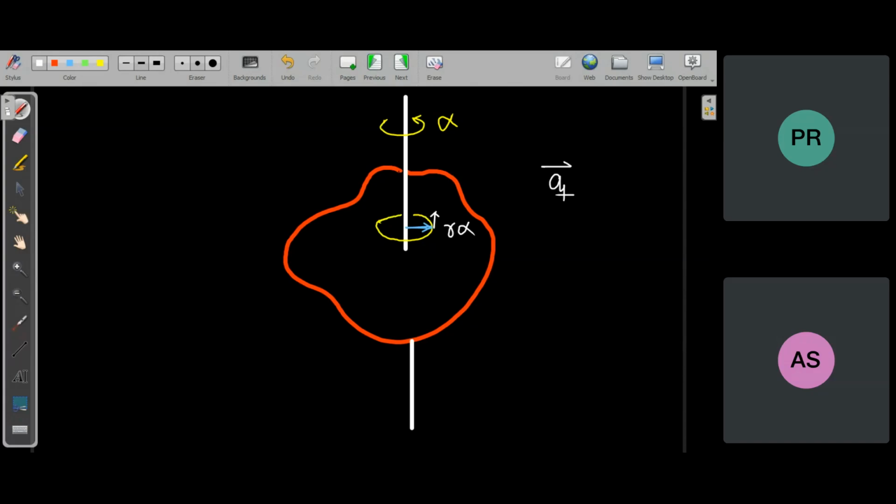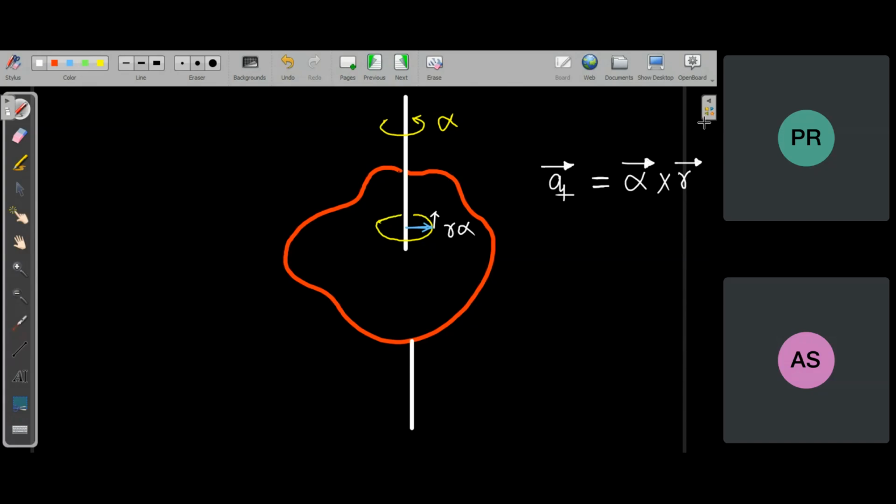Sir, this tangential acceleration is due to change in direction of velocity? You already know that in circular motion we studied. It is due to, you know the answer. Tell me.